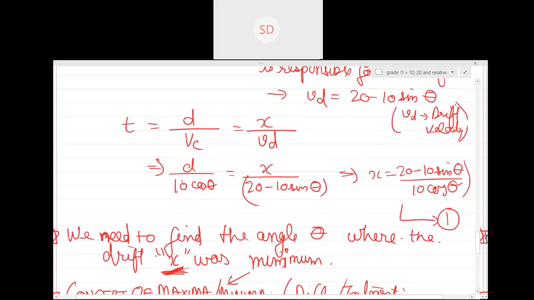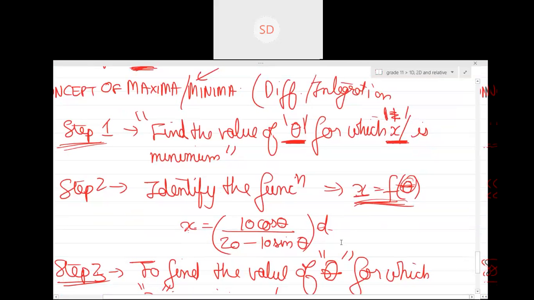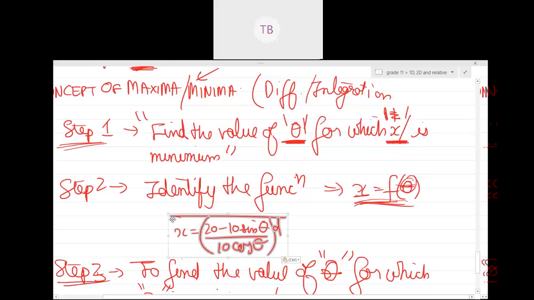Sir, that is what I was telling. Okay, so you should tell me that sir, maybe there is a calculation error in your function. Please tell me such mathematical errors. No problem. So can you show me the differentiation? Yes, I will do it. Write the first function again for me.